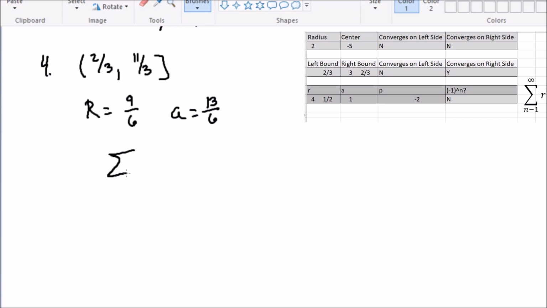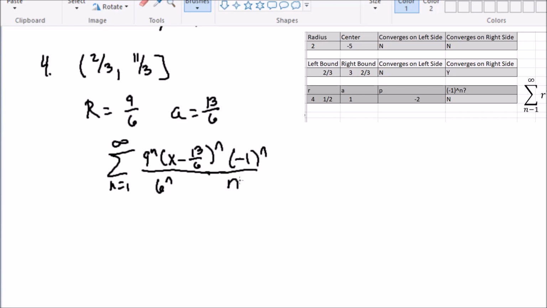So I'm going to have the sum from n equals 1 to infinity, 9 to the n, (x minus 13 over 6) to the n, all over 6 to the n. And then I want it to converge on the right endpoint, so I'll have it as negative 1 to the n over n.